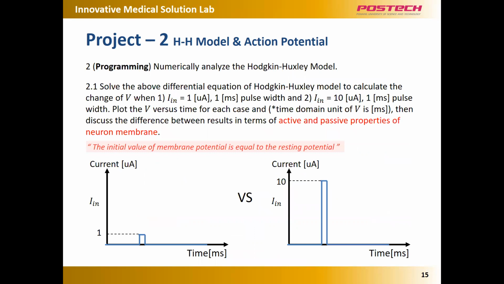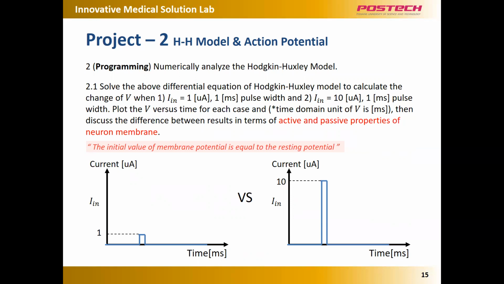In this problem, you have to draw how the membrane potential changed over time when the current source is entered. There is some programming here, and for those problems, you can program in MATLAB, Python, C, or C++, and please submit the code along with the report.